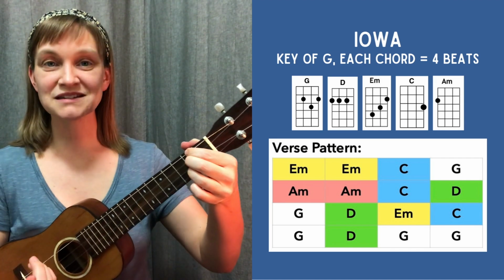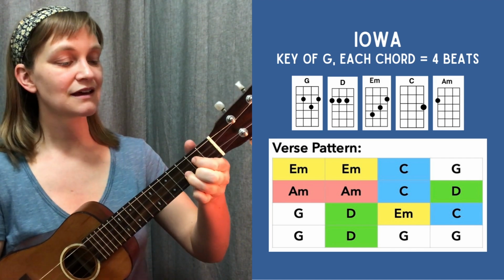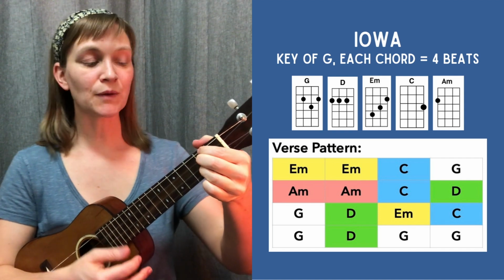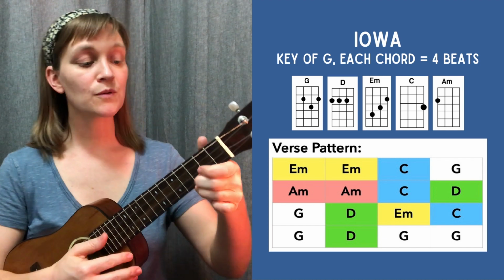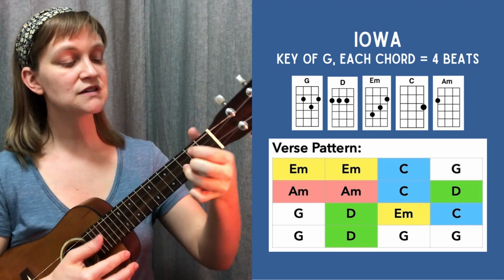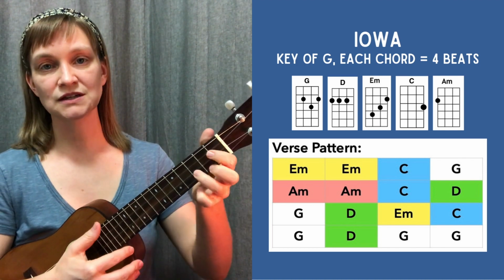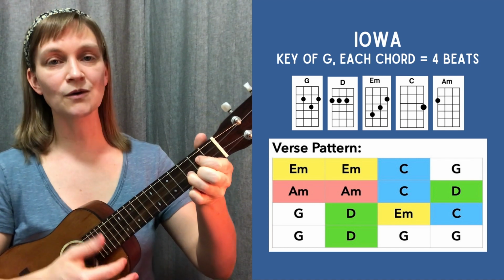And then we go back to the original 8 bars: G to D, E minor to C. Wrap it up with G, over to D, back to G again. There we go. Whew!